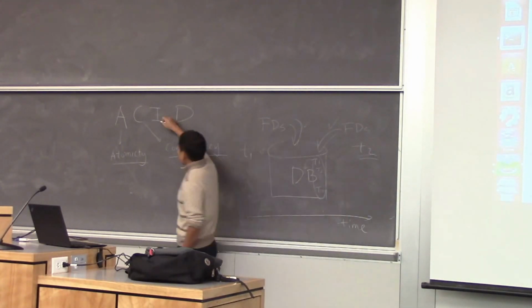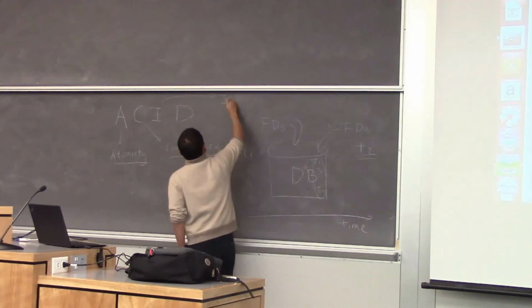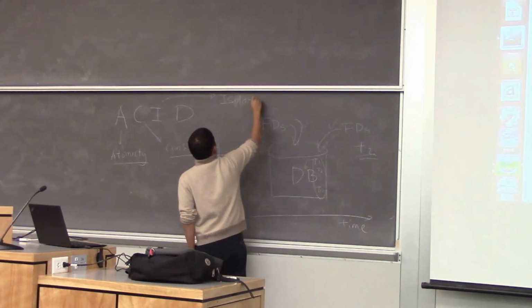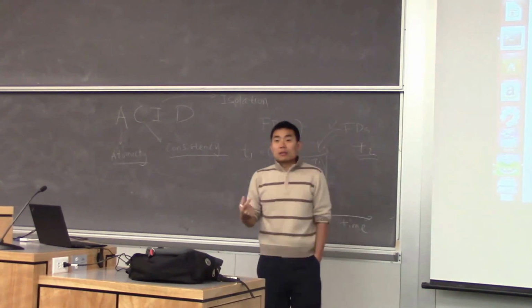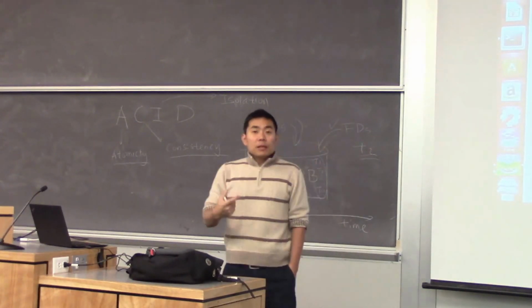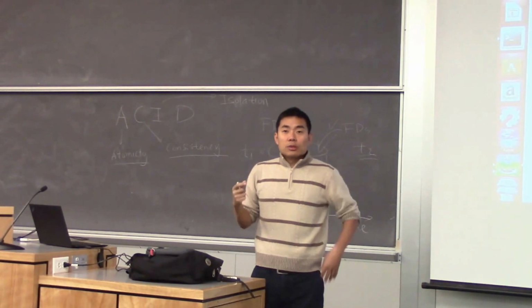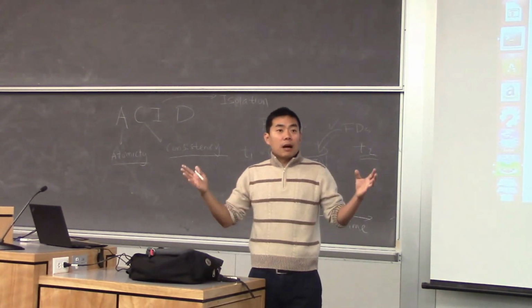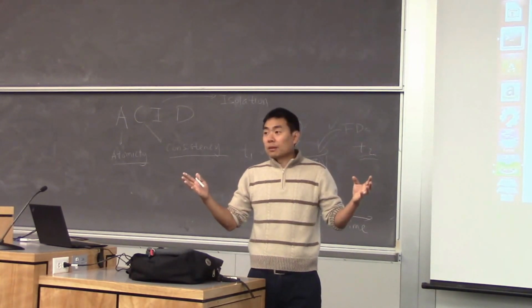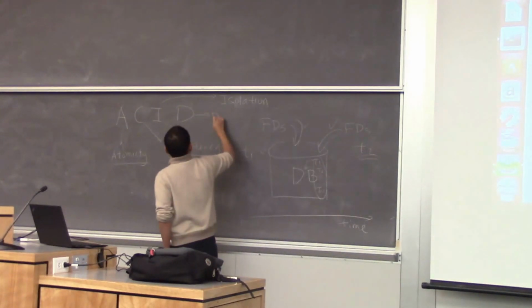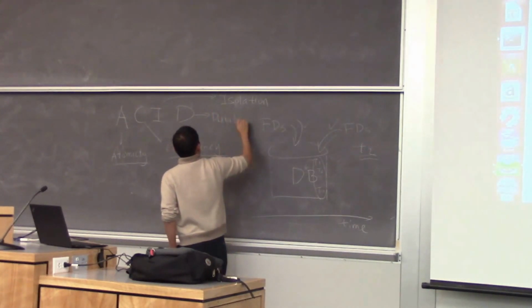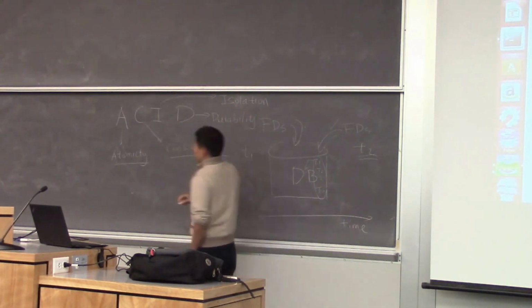And I stands for isolation, meaning that each transaction appears to be running on its own without the need to worry about other transactions in the system. And D is for durability.